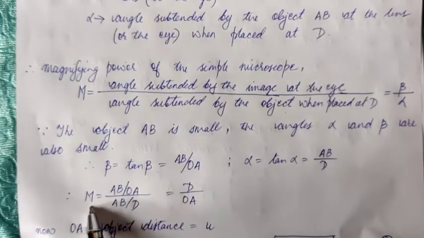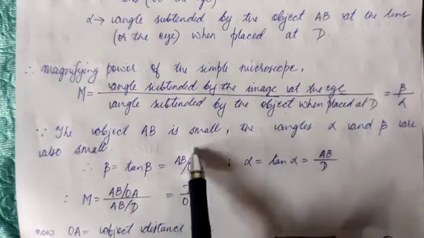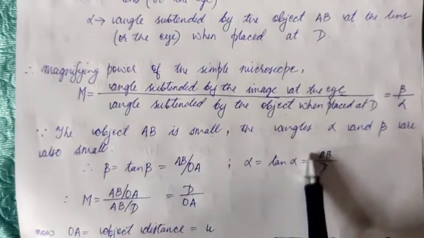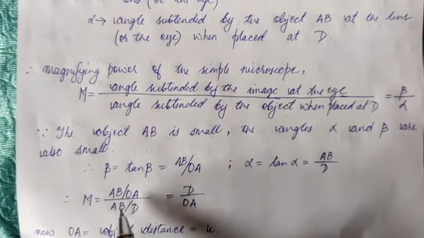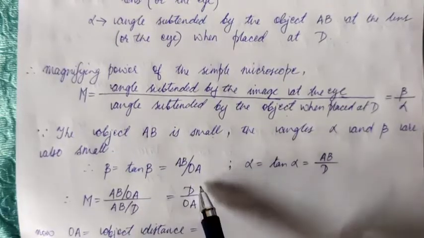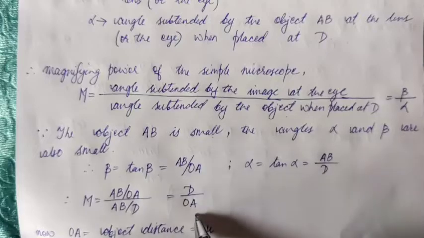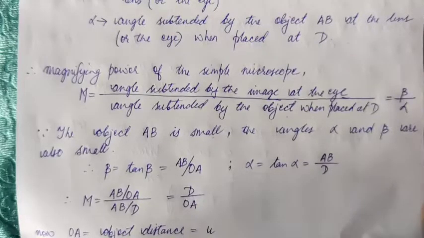So the magnifying power will be beta divided by alpha, in which AB divides out, and this equals the least distance of distinct vision divided by OA. Now, what is OA?